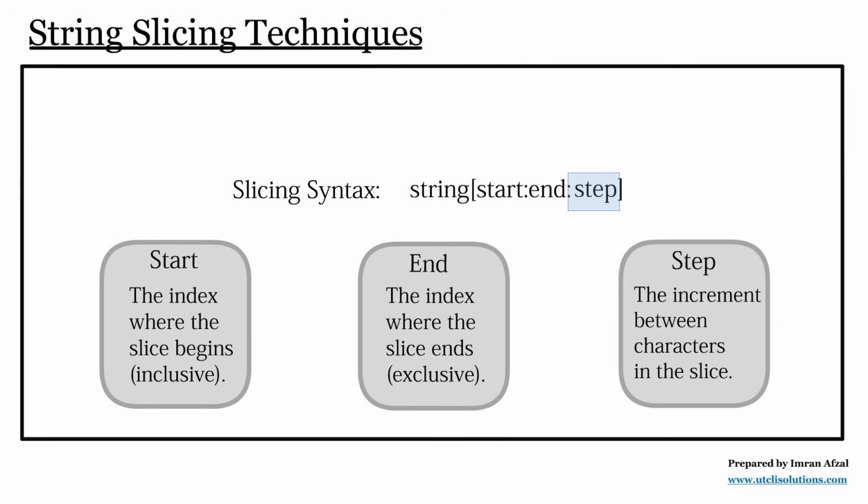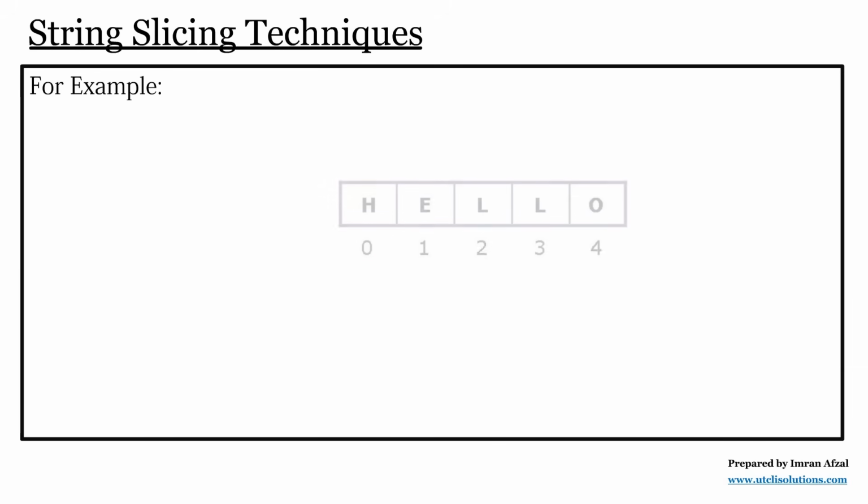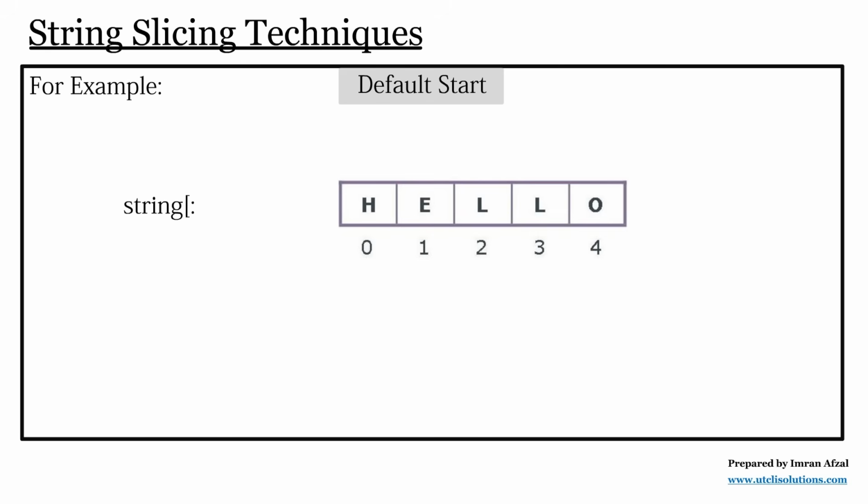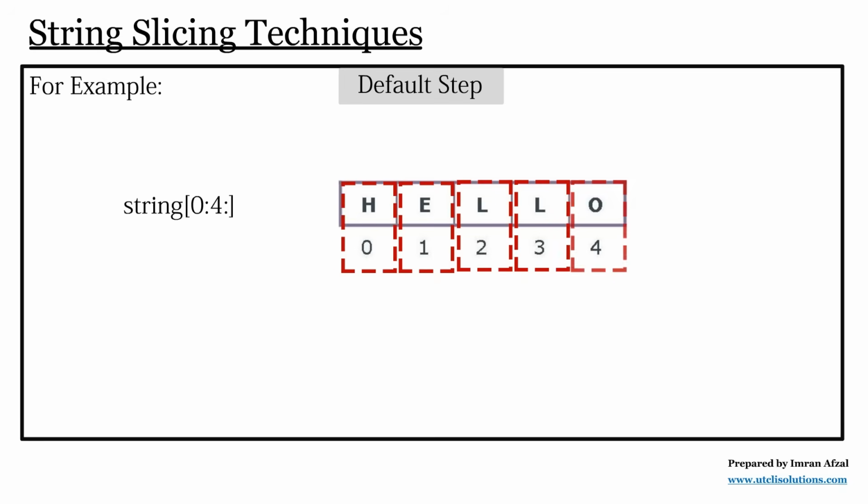All these parts are optional. For example, if you don't specify the start, the slice will begin from the very first character of the string. If you don't specify the end, it will go up to the last character. If you don't specify the step, it will automatically take every character one by one.